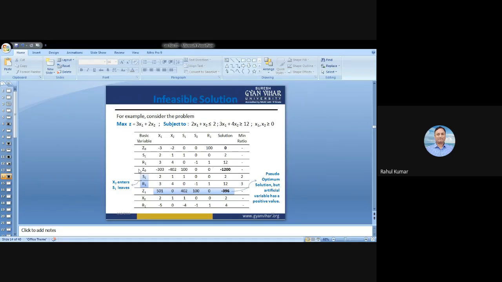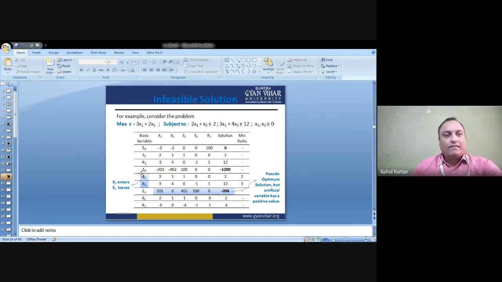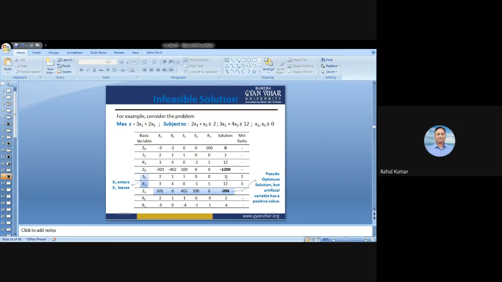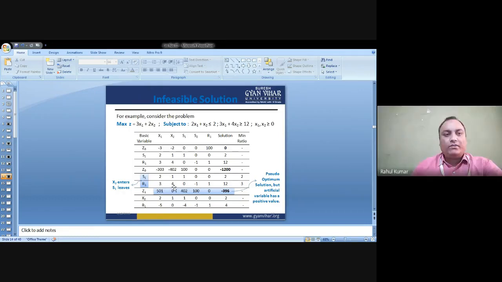Then the minimum ratio we cannot find here. Then z0 equals minus 302, minus 401, 100, 0, 0, minus 1200, and x2 enters and s1 leaves. Then it will become 2, 1, 1, 0, 0, 2, and the r1 row is 3, 4, 0, minus 1, 1, 12.